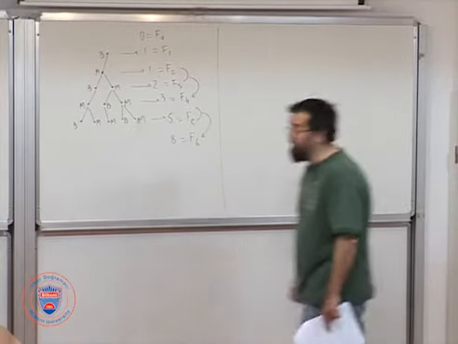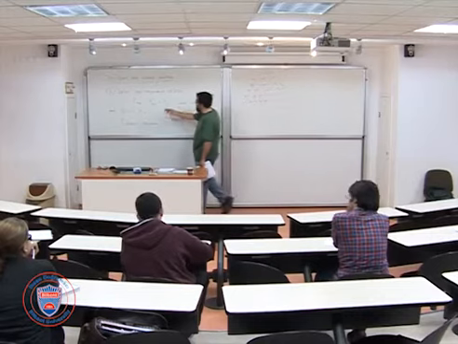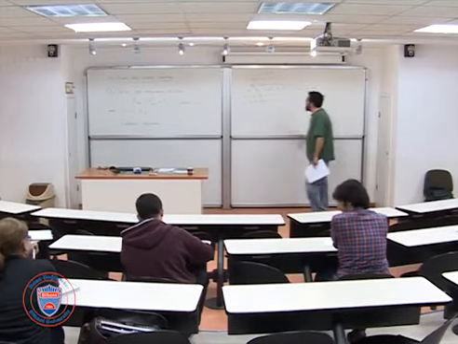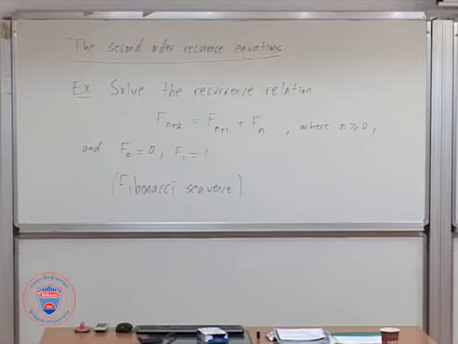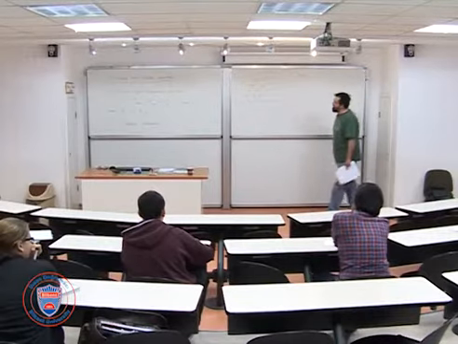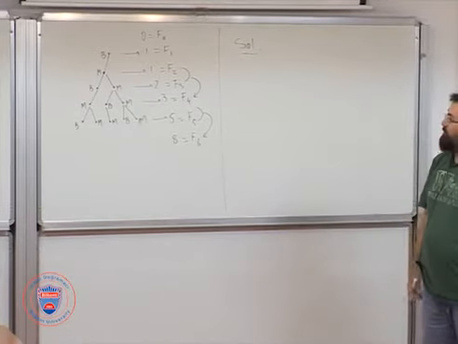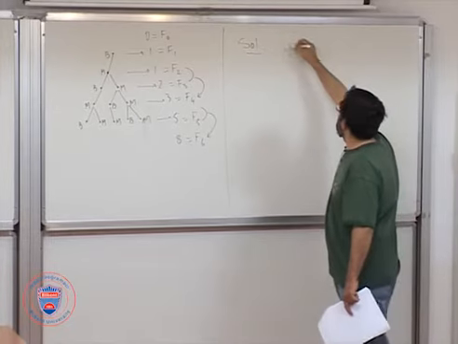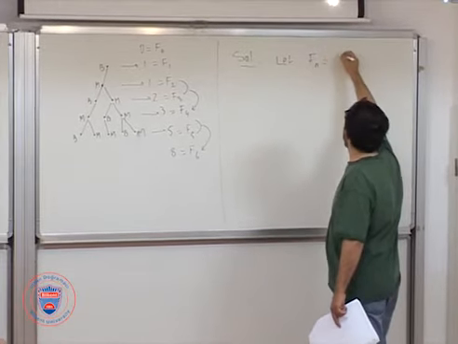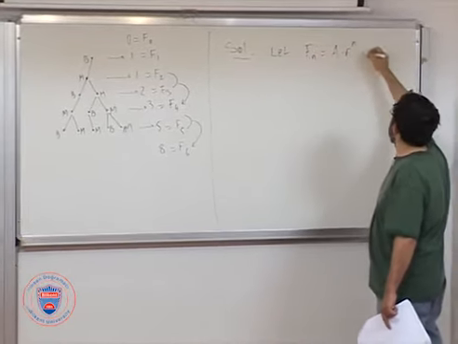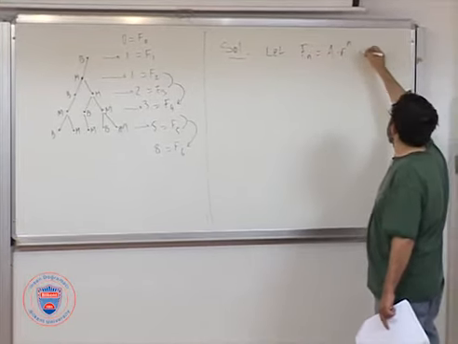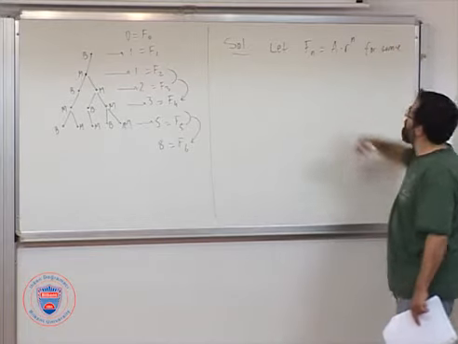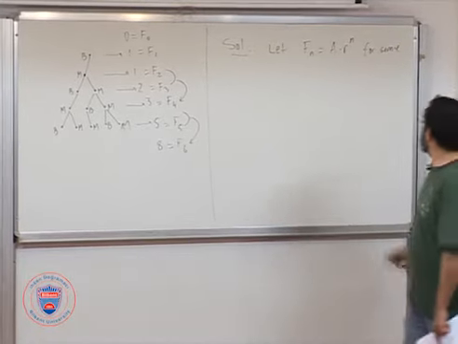Now, last time we've seen that anytime you have a sequence with some initial values, you assume that the solution has a generic form that looks like this, some A times r to the n, for some A and r. This was the generic solution for a first order recurrence.